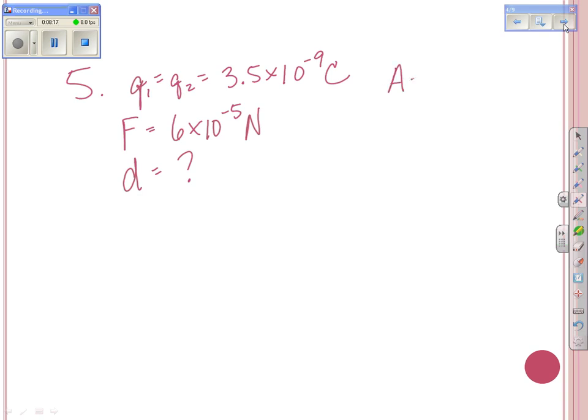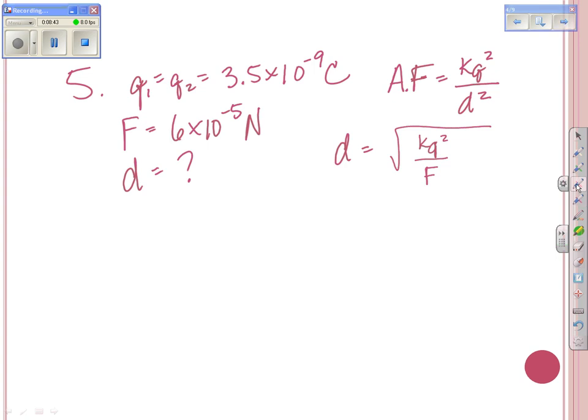Now, the formula is F equals KQ, and these are the same Q's, so we're going to say KQ squared over D squared. This time we're trying to find D by itself, though. So we're going to do our math, and when we do our math, we should get D equals the square root of KQ squared divided by F. If that's the case, we know that K is 9 times 10 to the ninth, because that's a constant.